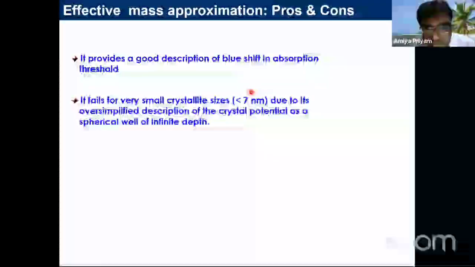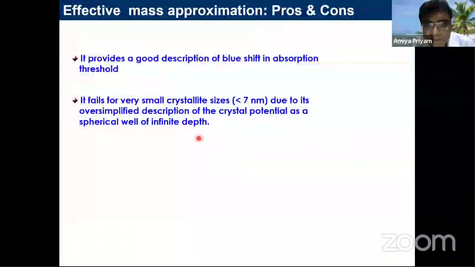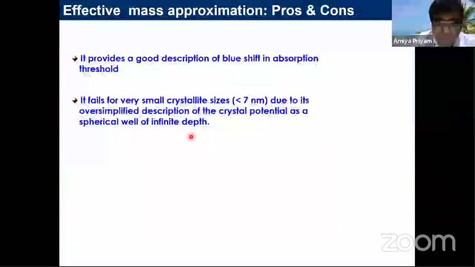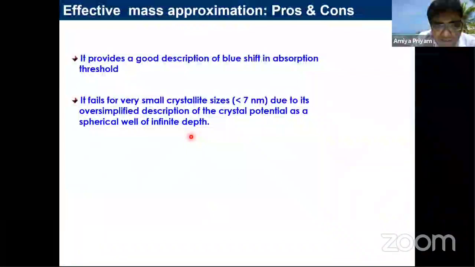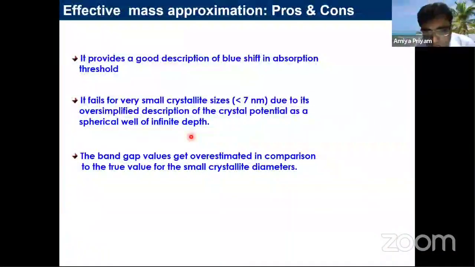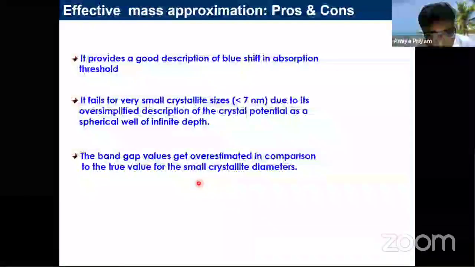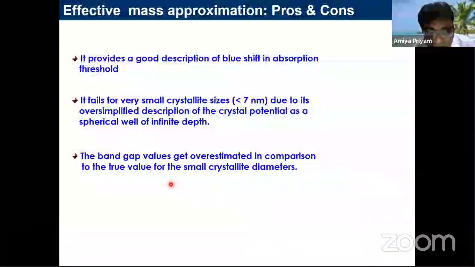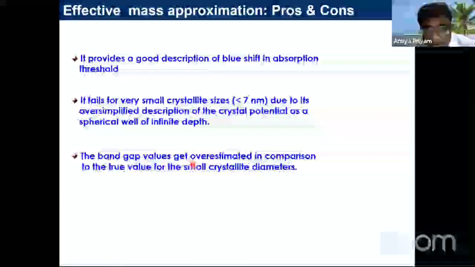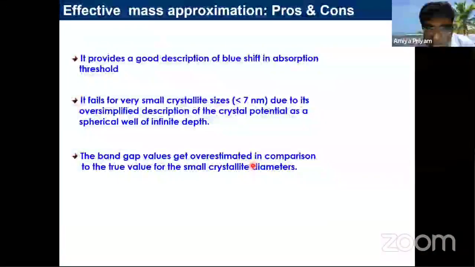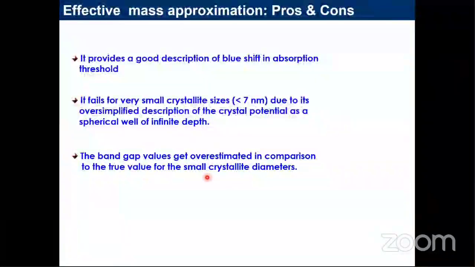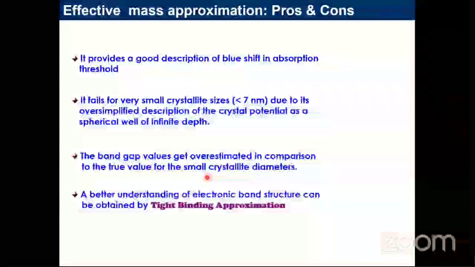Particularly for sizes less than 7 nanometers, the description was woefully short and not sufficient to describe their structures. So there was a need for new theories to evolve. There was another big problem: band gap values get overestimated in comparison to the true value for small crystal diameters.